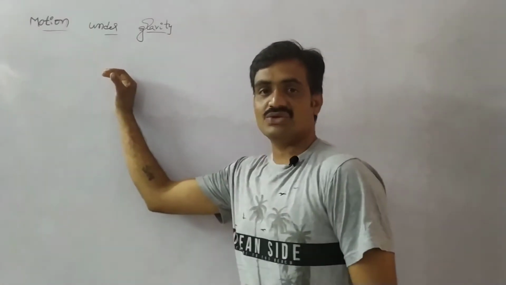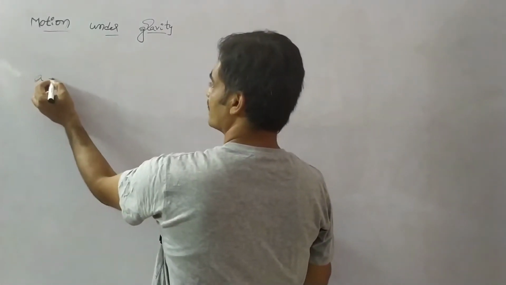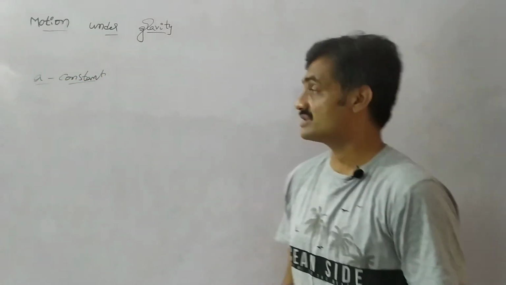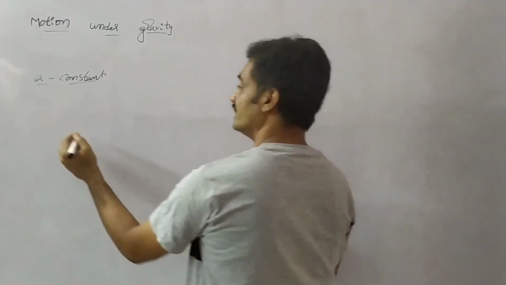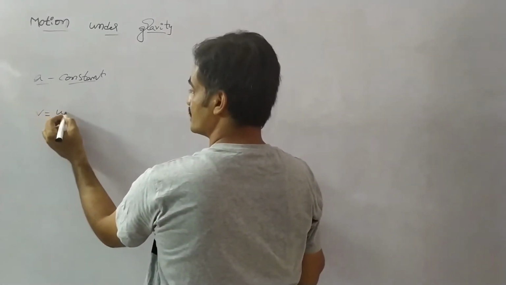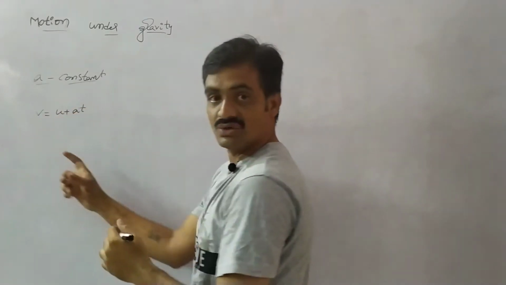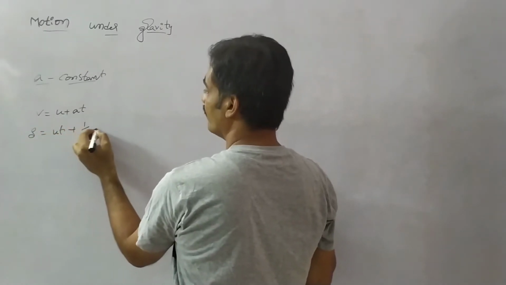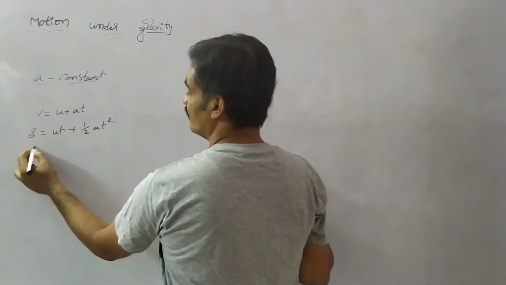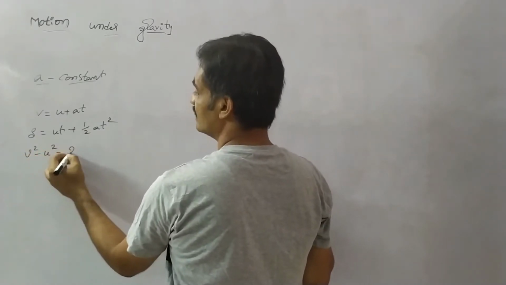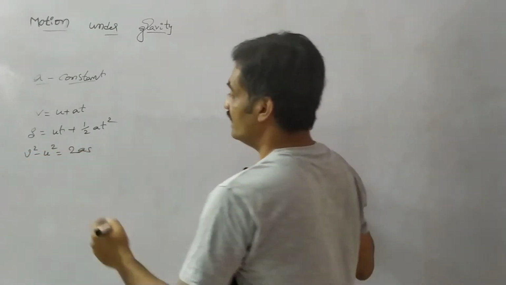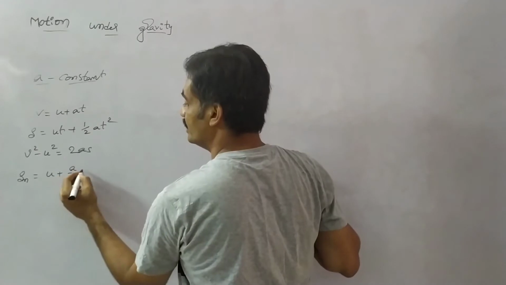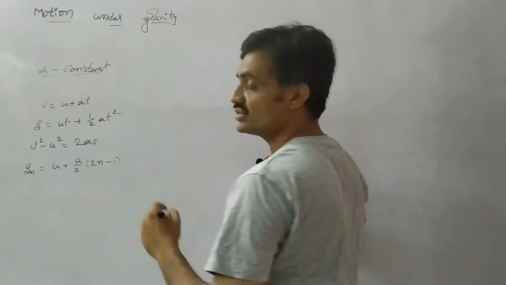Now, in the case of motion under gravity, we consider acceleration as a constant. As the acceleration is constant, we can use the kinematic equations: v equals u plus at, s equals ut plus half at square, v square minus u square equals 2as, and the fourth equation, Sn equals u plus a by 2 into 2n minus 1.